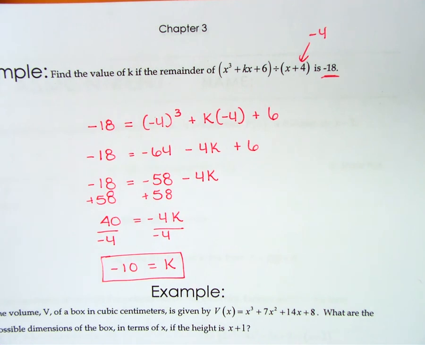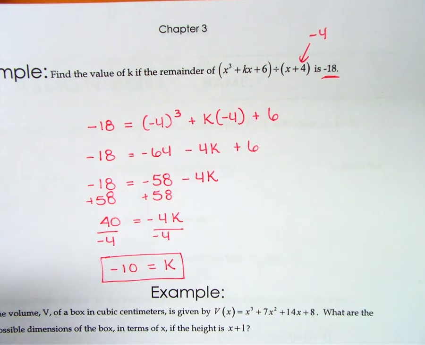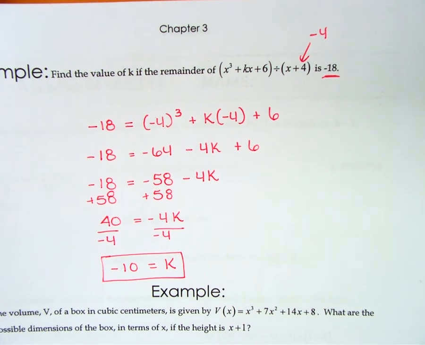Perfect. Okay, so hint, hint, nudge, nudge, great question. Super easy to do, but you just got to know where that 18 goes, and you have to know to change the x's to a negative 4. Pretty straightforward. Okay, here we go.